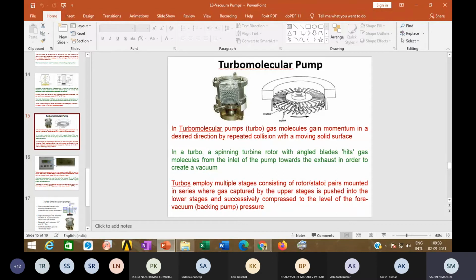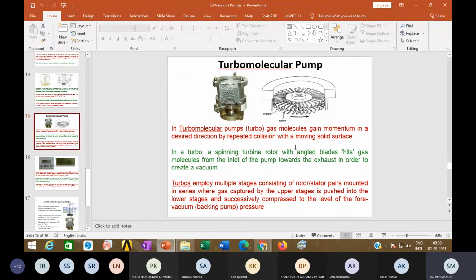This will be paired, and several pairs are mounted in a series where the gas captured by the upper stage is pushed into the lower stages. Gas will be captured on the top surface and then slowly pushed down.